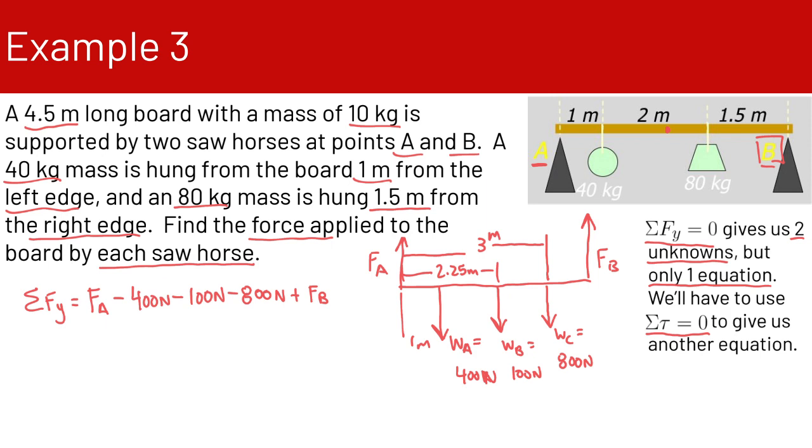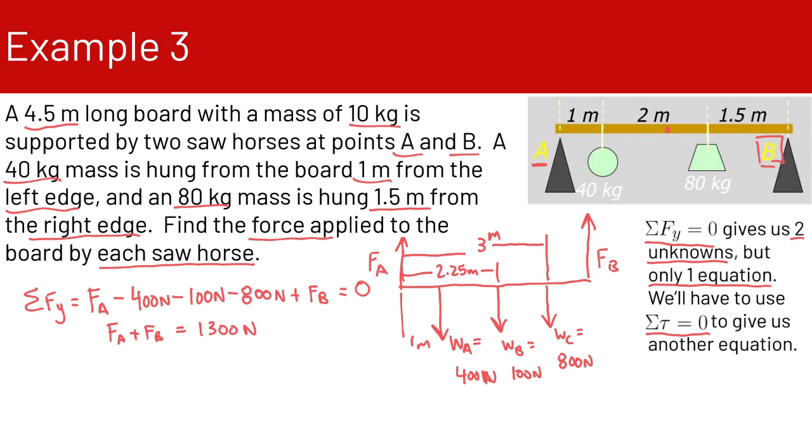So first sawhorse and second sawhorse are both positive, all the other forces are negative, and that is equal to 0. Okay, so let's go ahead and solve this for A and B. So we have A plus B is equal to 1,300 newtons. So now we see we have one equation with two variables.